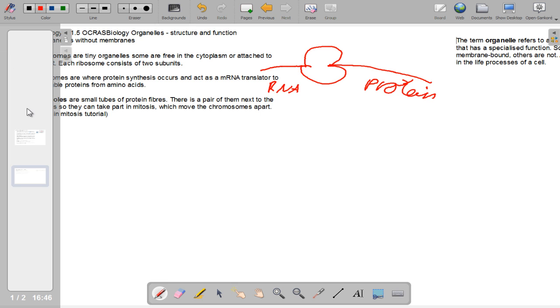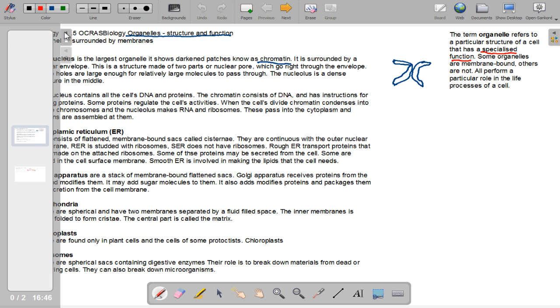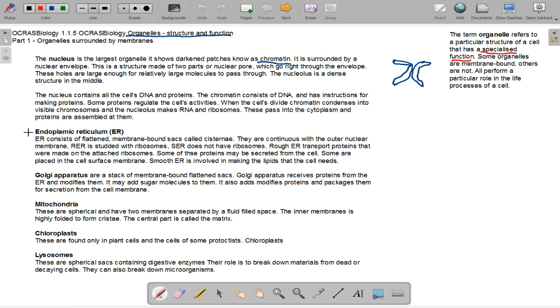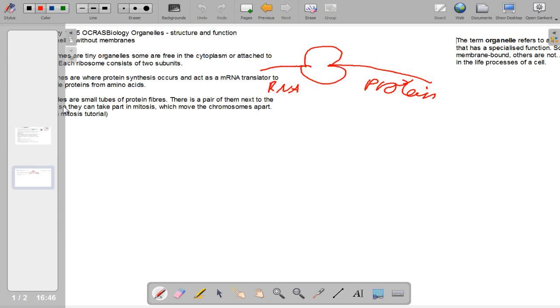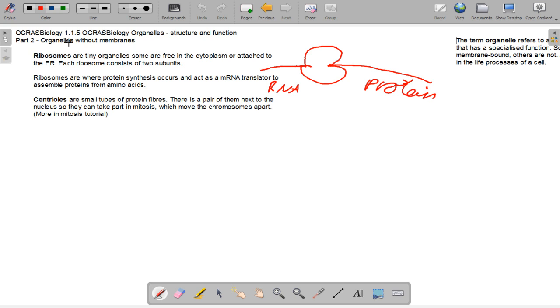In terms of what organelles you need to remember, definitely the nucleus, definitely the endoplasmic reticulum, definitely the Golgi apparatus, and the chloroplasts and lysosomes. It's probably best to learn them all, because all of them are listed in the book, so it's common sense to learn all of those basic molecules.